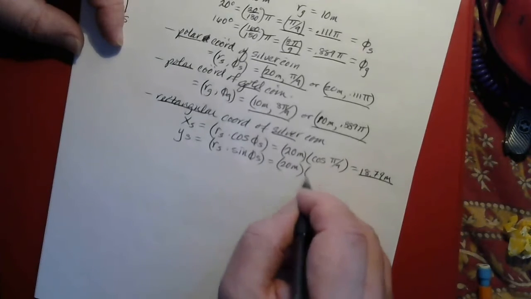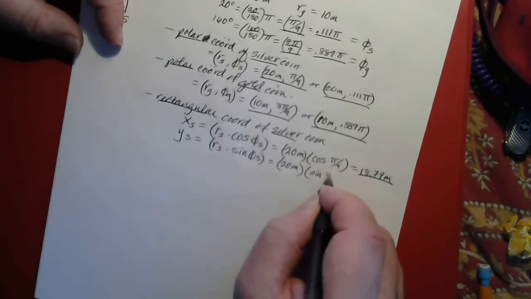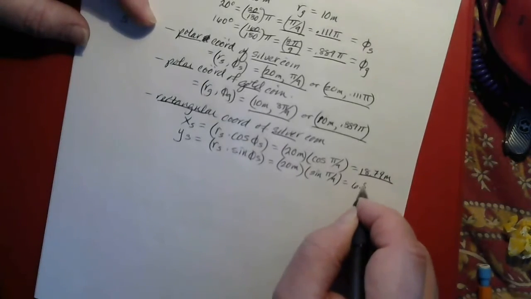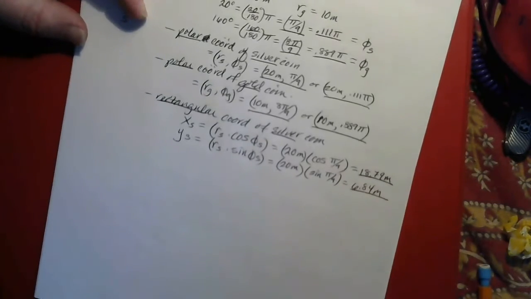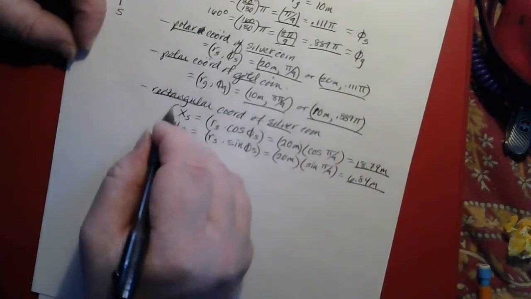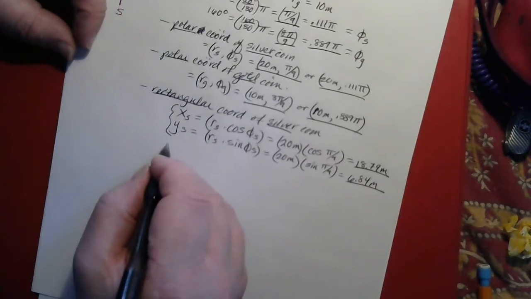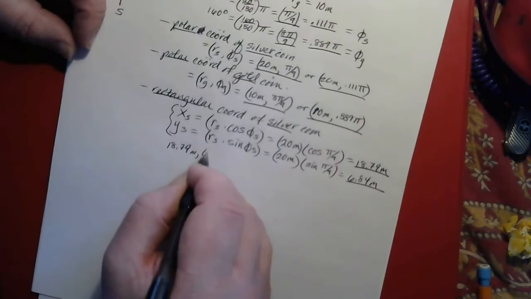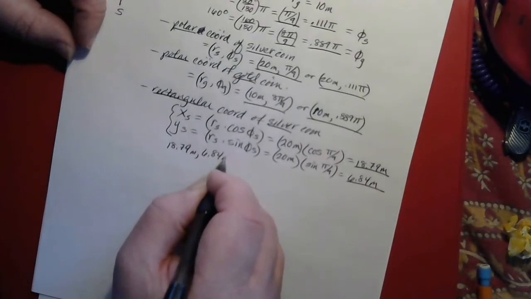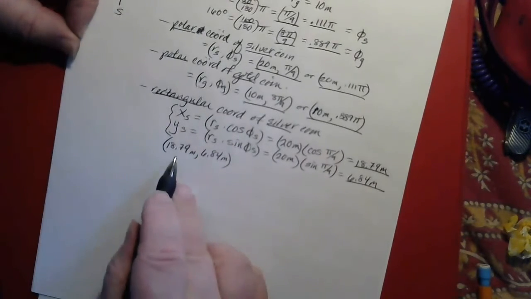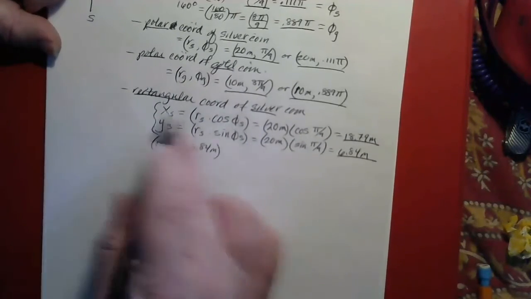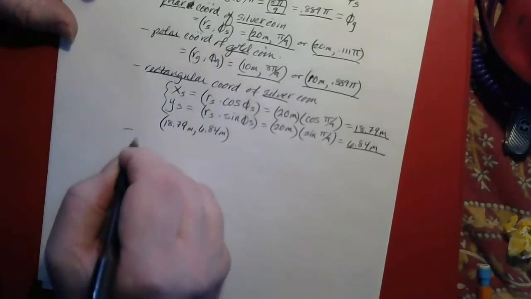And so that's 20 meters times sine of pi over 9, and that is 6.84 meters. Or in other words, 18.79, 6.84 would be the coordinates for the silver coin.